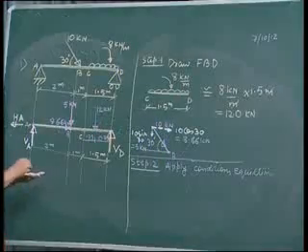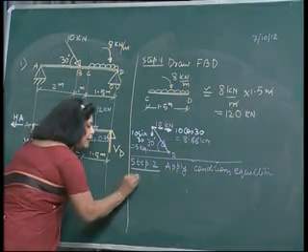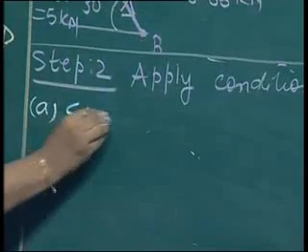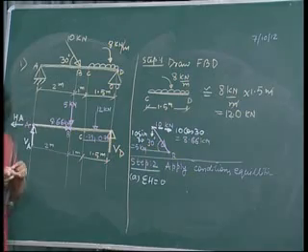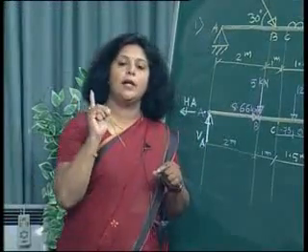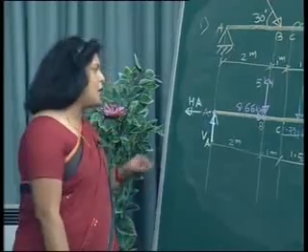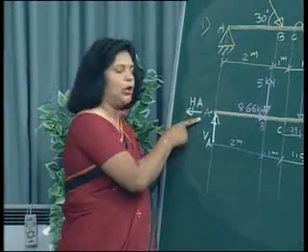So to start with, first is sigma H equal to 0. Now what is our sign convention? If the force is moving towards the positive x-axis, plus; if the force is moving towards the negative x-axis, we will take it as minus. So to start with, first is HA.